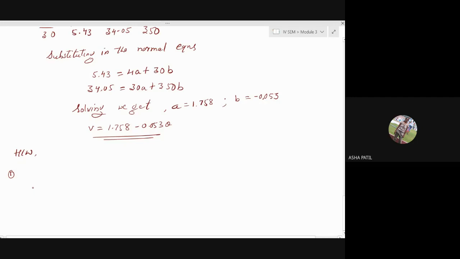Has anybody done the first example? At least the others you have done or not? Other examples, leaving the first one. First one nobody got. The question is not getting through. Think a little what you have to do.